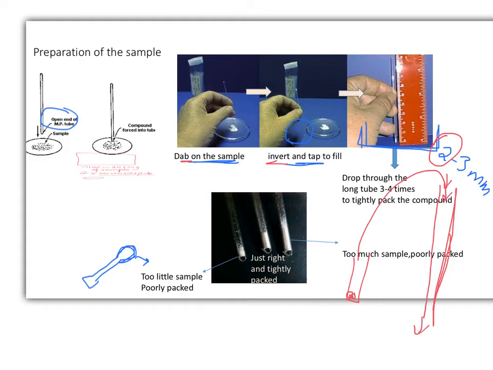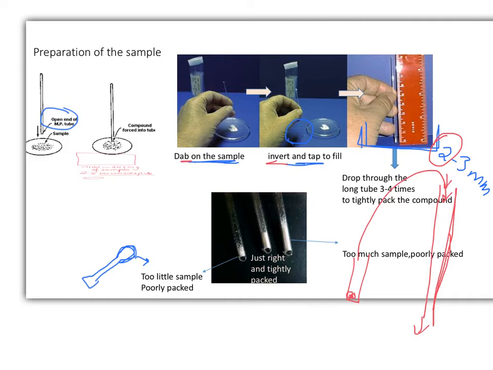When you drop that through the long tube 3 to 4 times, that packing becomes very tight, and if you do not take this step, if you do not crush your sample well or pack it well, then there will be air pockets in between the particles.